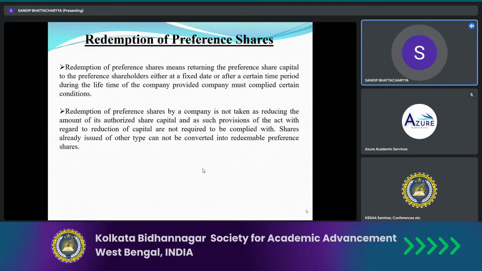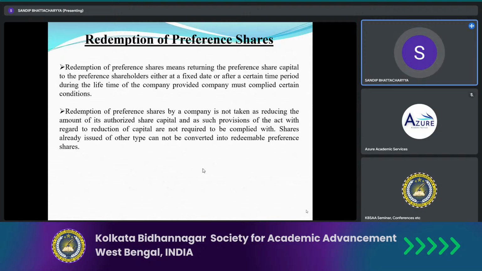Shares already issued may or may not be converted to other types of preference share. As per the Companies Act 2013, in a simple way, it can be redeemed after a specific point of time.